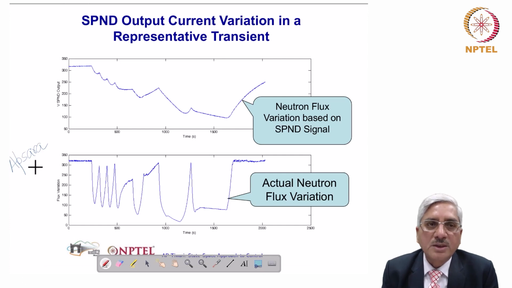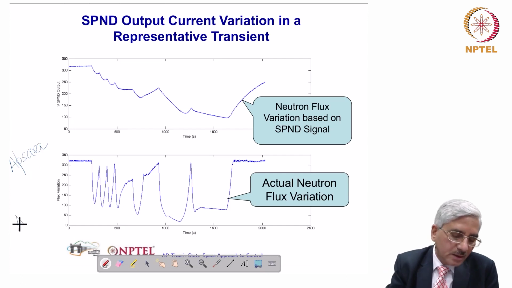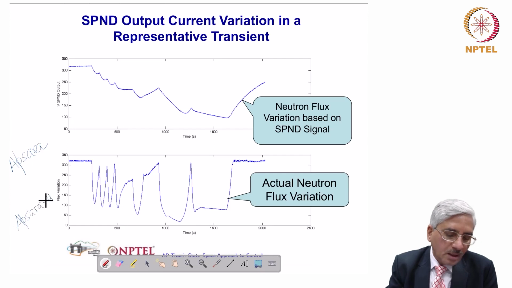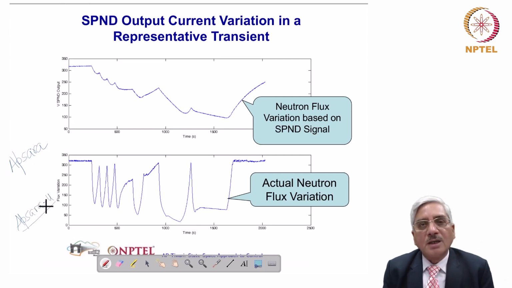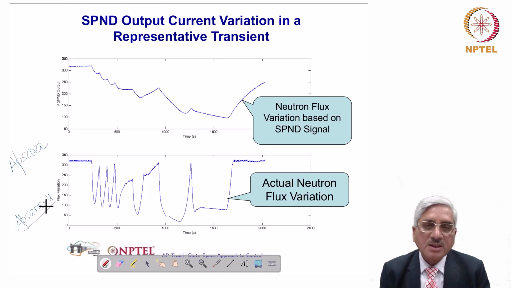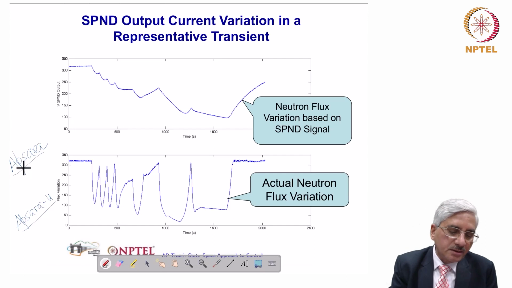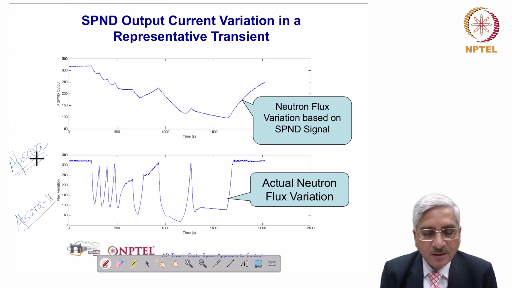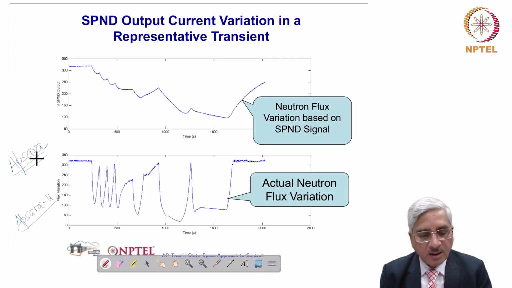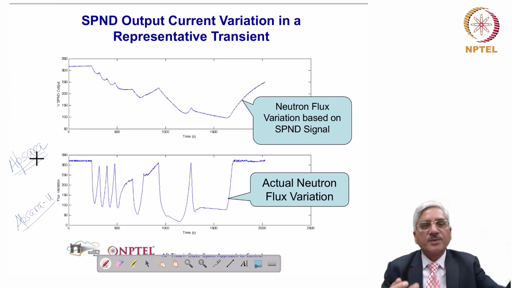It has been decommissioned, and a new reactor, Apsara U, is operational at Bhabha Atomic Research Center, Trombay. So these experiments were done in the Apsara reactor. In the Apsara reactor, a vanadium SPND was specifically installed, and because it is a research reactor, the neutron flux could be varied in some arbitrary way.